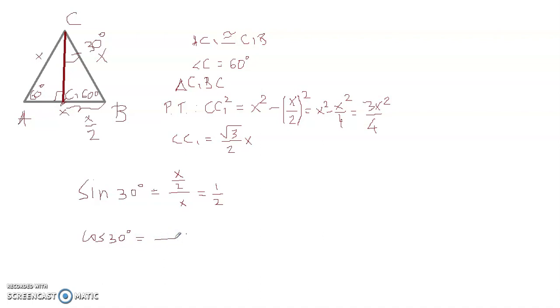Let's find cosine of 30. Cosine of 30 is the adjacent leg, which in our case is root 3 over 2 times x, over the hypotenuse, which is x.